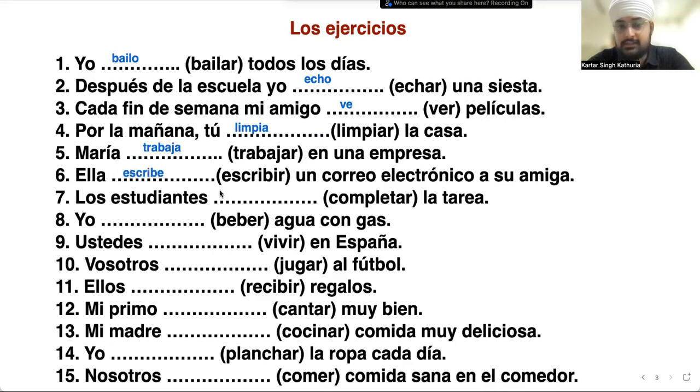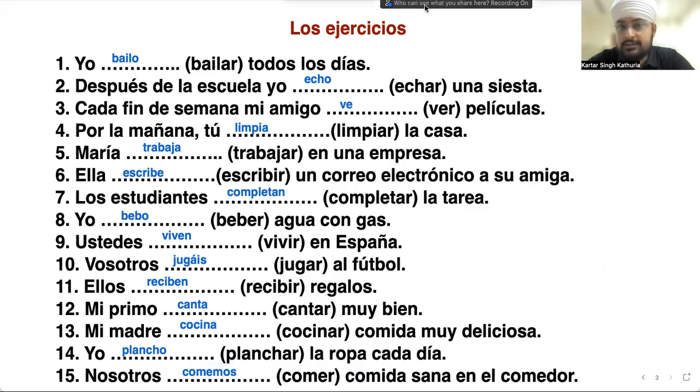Los estudiantes, the students, third person plural, completan. Yo bebo. Ustedes viven. Jugáis. Ellos reciben. Mi primo, my cousin, canta. Mi madre cocina. Yo plancho. Nosotros comemos. The endings are very important.